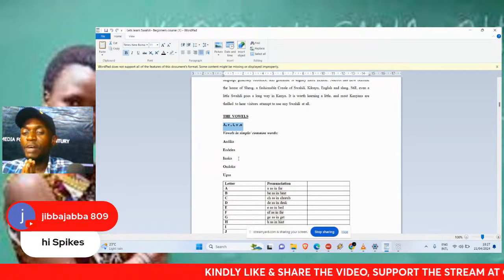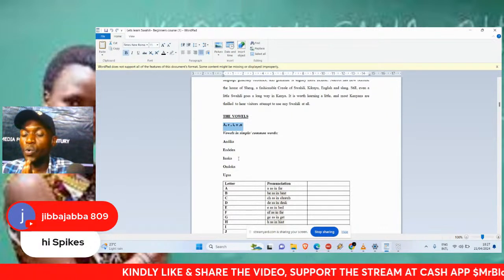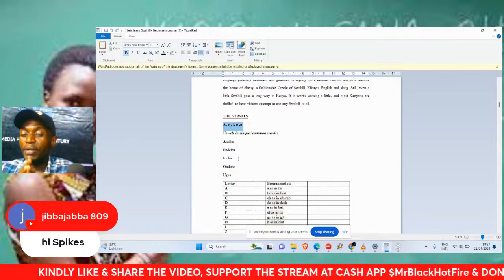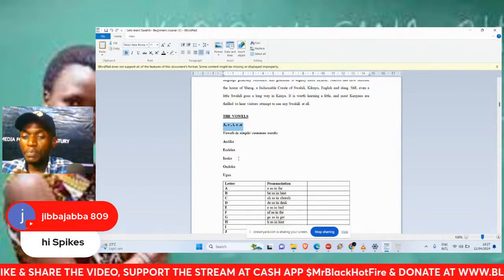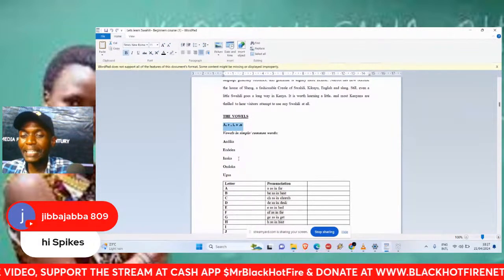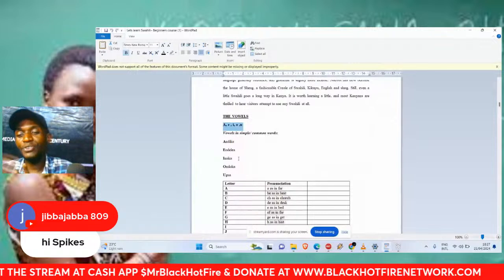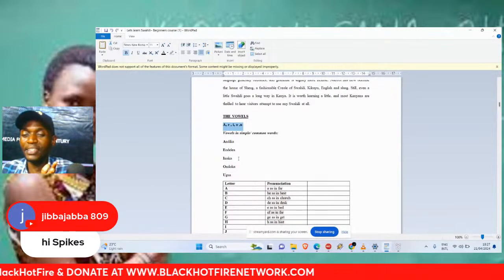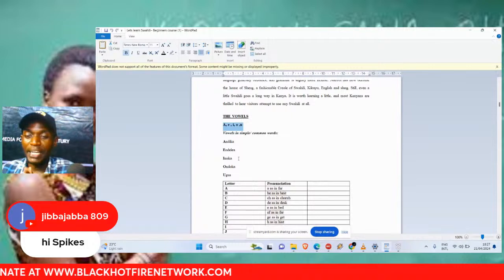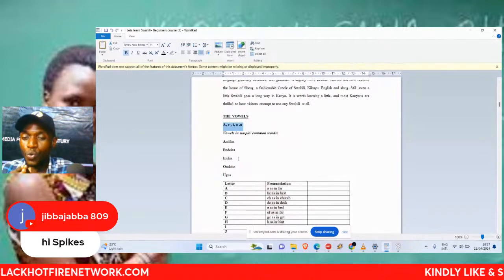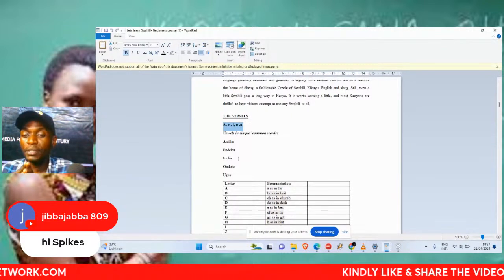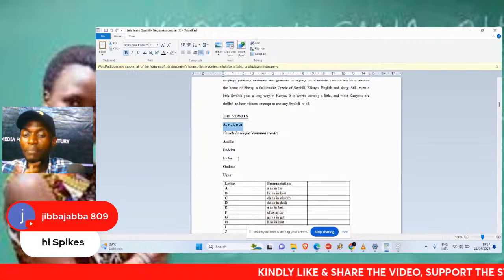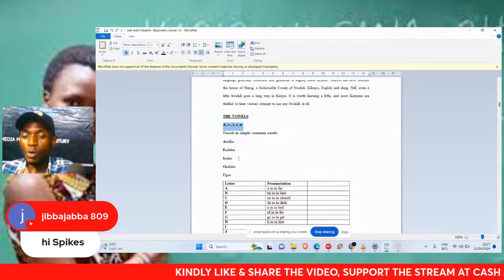And the last vowel is U. The Swahili vowel U is simply the English letter U. In English you would say umbrella, but in Swahili it becomes U, not am.